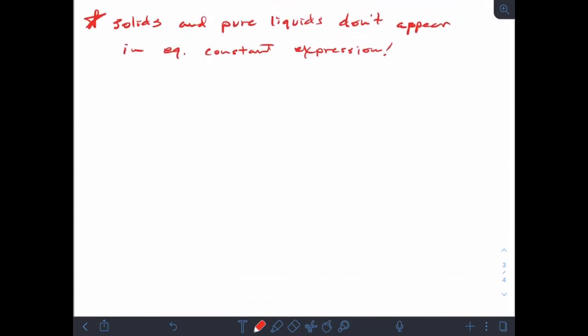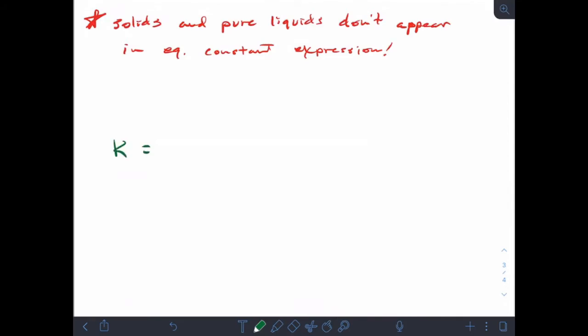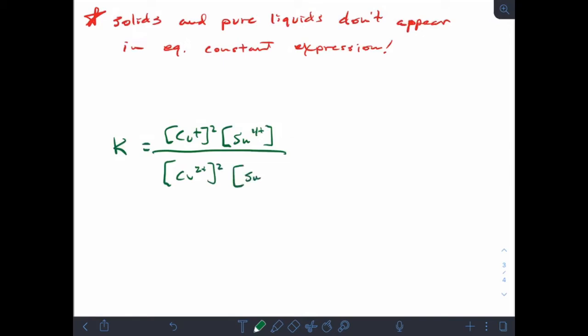So let's say we've got our equilibrium expression for the reaction we've been looking at. We have K equals the copper plus squared times the tin 4 plus to the first power over the copper 2 plus squared times tin 2 plus to the first power. Let's say we know K and some of the equilibrium concentrations.